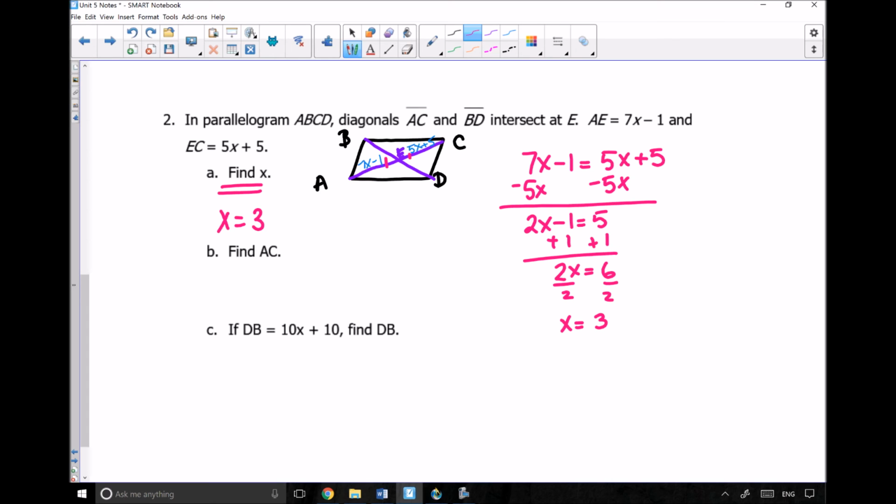And then it asked me to find AC. Well, AC is from one end of the diagonal all the way to the other. So I can say that AC is going to equal 7x minus 1 plus 5x plus 5.